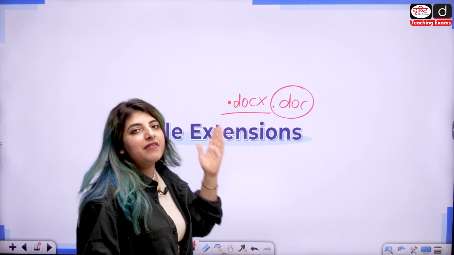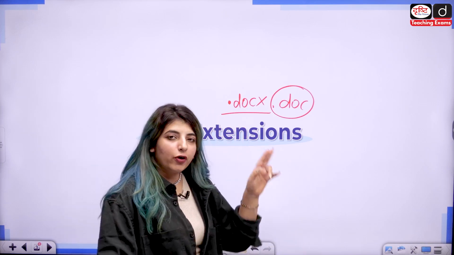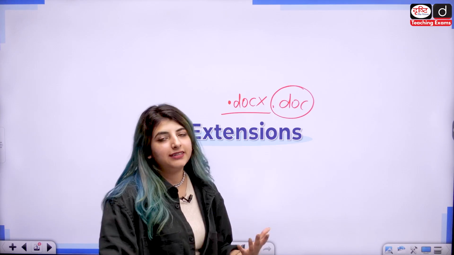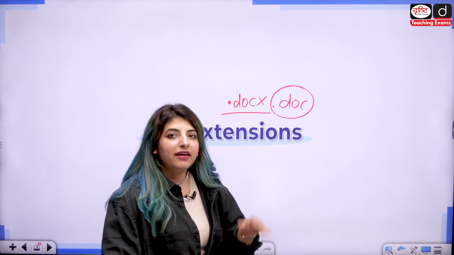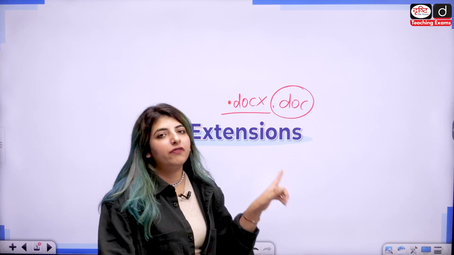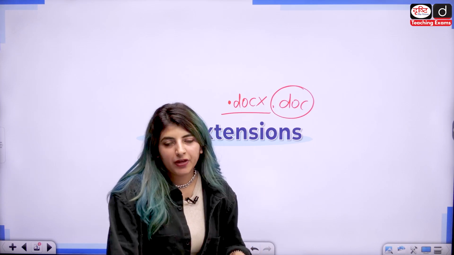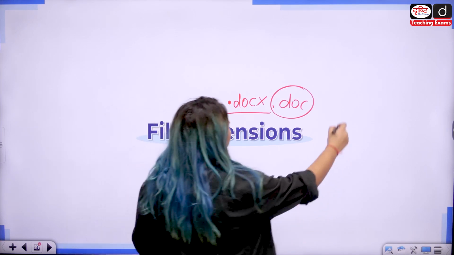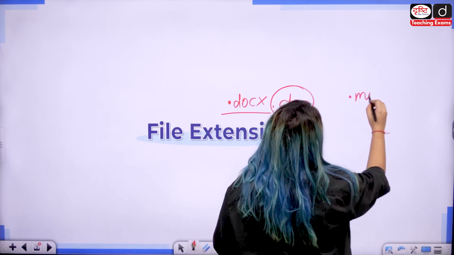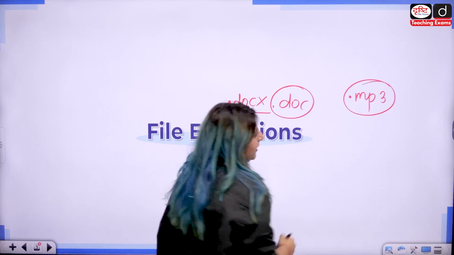If you have a file in word processing software such as MS Word, when saving it we have to choose one of the extensions. If we want to listen to music, the extension generally used for music files is MP3, correct?